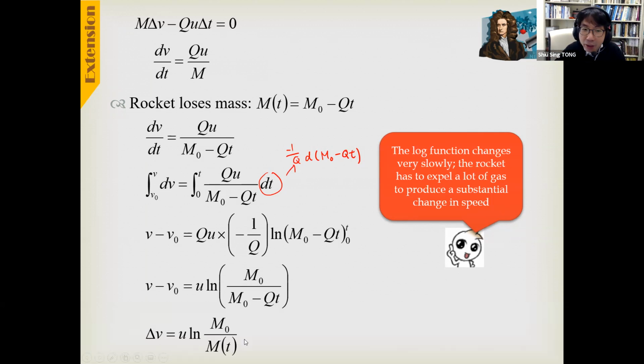Now you may take a look at this equation, and you will appreciate why sending a spacecraft into space is so difficult, because it's very difficult to accelerate the rocket to a high speed. The ejected speed of the fuel is fixed. It may be of the order of several thousand kilometers per second at most.